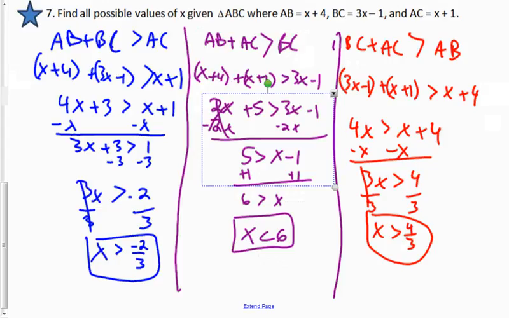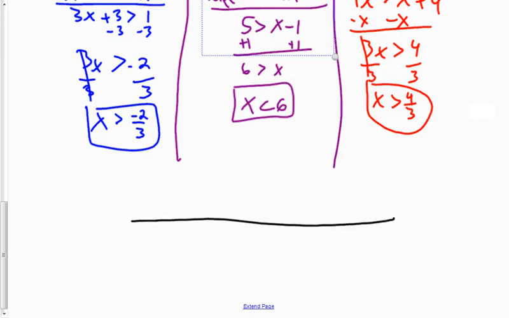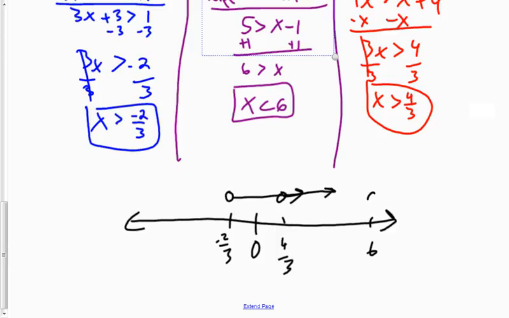We know that x has to be less than 6. That's for sure. We have two of them where it says it's greater than negative 2/3 and it's greater than 4/3. If you look at it on a number line, let's say 0 is here. Let's say this is negative 2/3. This is 6 way over here. And this is 4/3. So we know it has to be anything greater than this, also greater than this, but less than this.